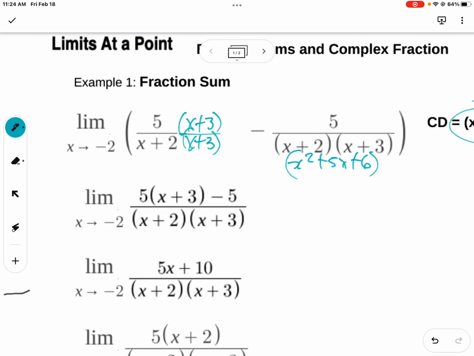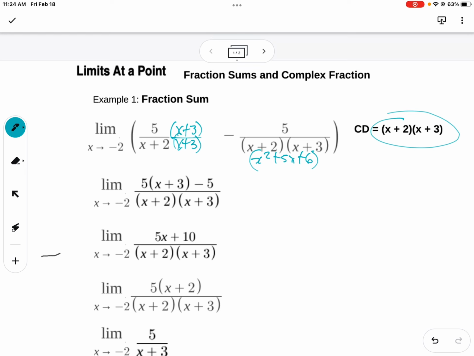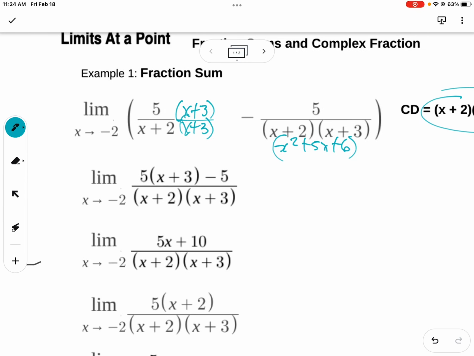Now, what am I actually multiplying by? Yes, 1. So now I've got a common denominator, and I can expand through the brackets. I'm going to have 5 multiplied by x plus 3 minus that 5. We come down to the next line, and I've written it into a single fraction now, because I have a common denominator.